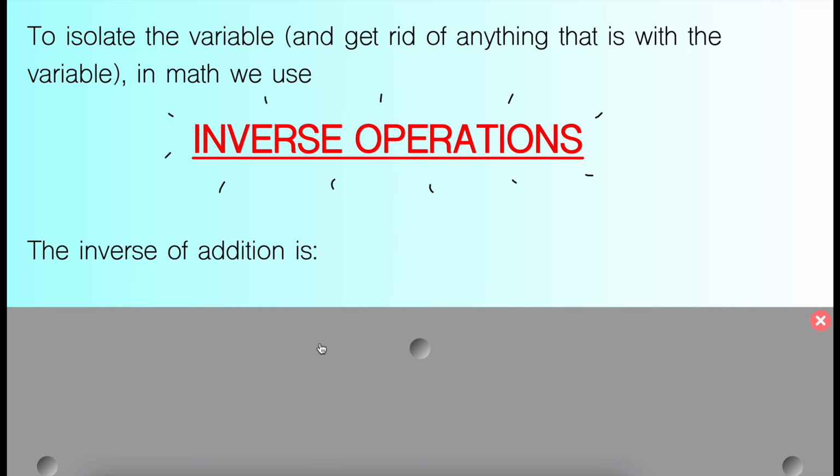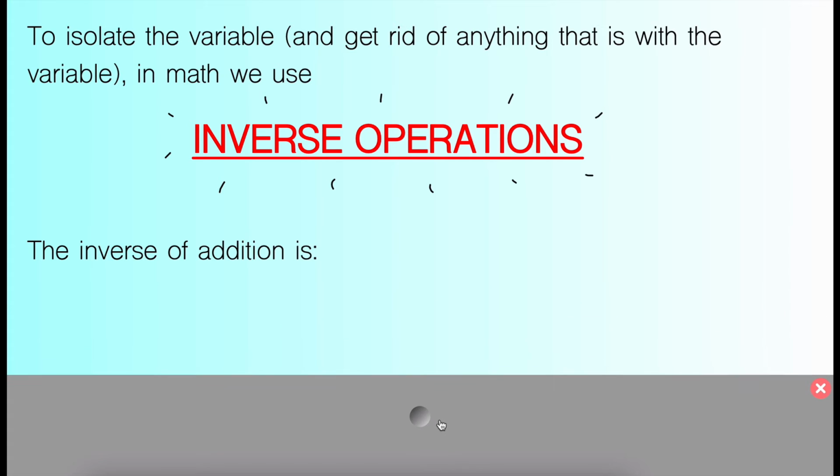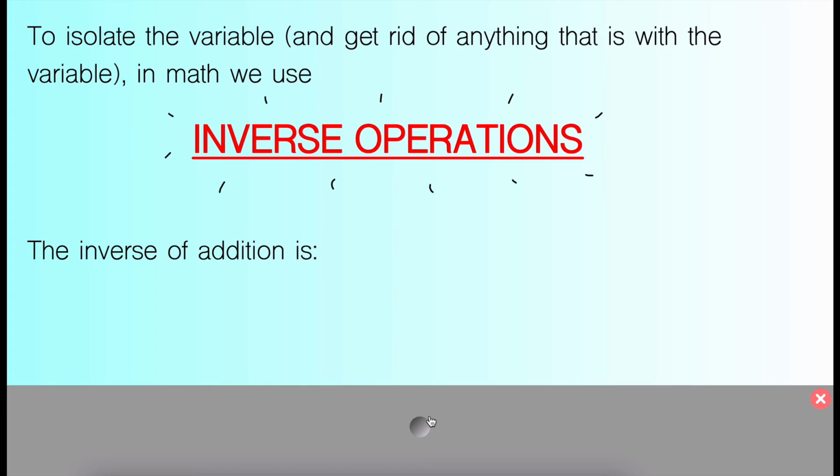Well, the inverse of that would be letting all the air out of the balloon. Everything has an inverse. Every mathematical operation also has an inverse. So let's look at two of the main math operations for this lesson, addition and subtraction. We'll do multiplication and division a different day. But what's the inverse of addition?